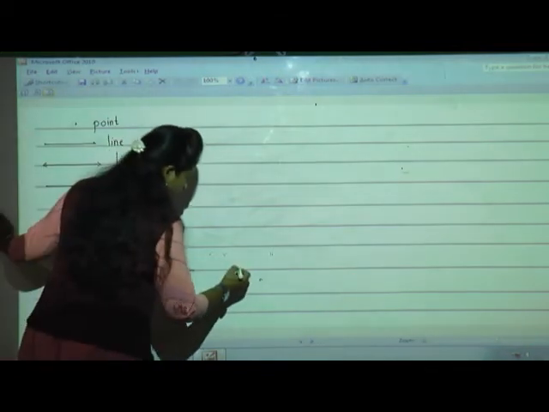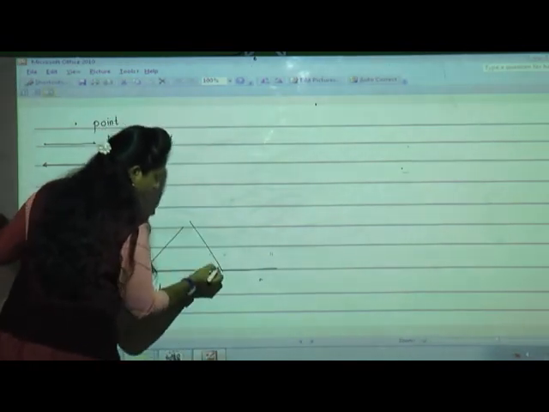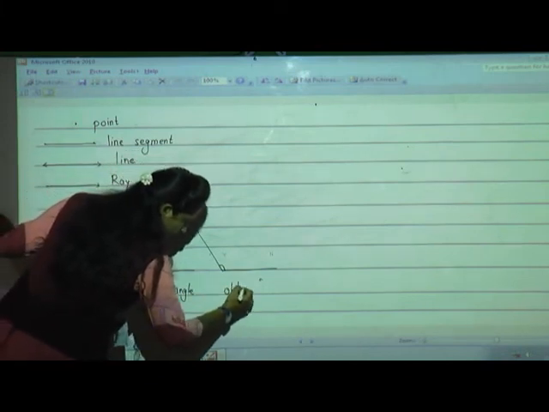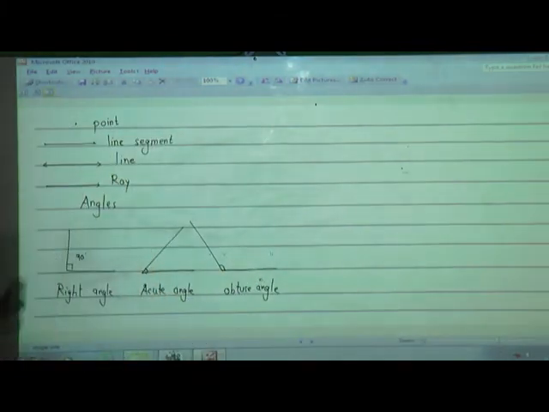And what about obtuse? Yes, tell me. More than 90, isn't it? See, here is 90, and more than 90 is an obtuse angle. Okay, we have studied this.